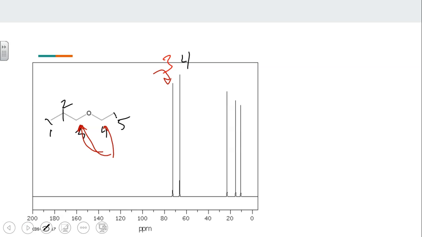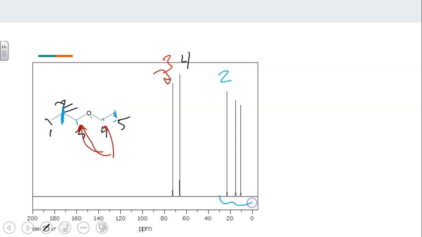Okay, so I would say carbon 2 is going to be the one that's pulled the next furthest downfield. It's one carbon away from the oxygen. This one's one carbon away from the oxygen, but it's not in the middle of the compound. It's at the end. So this one being in the middle of the compound, this is going to be carbon number 2. Okay? And that matches what we know about the chemical shift of the carbons.